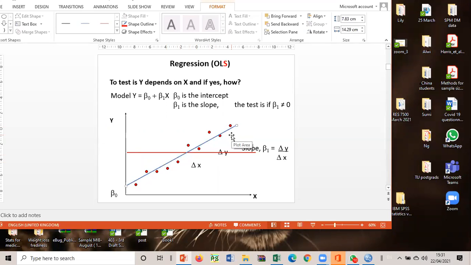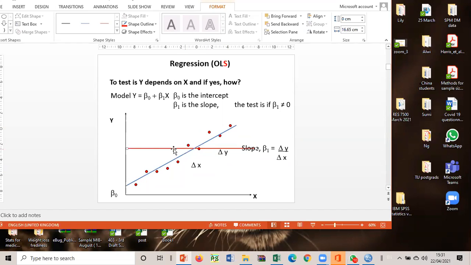Non-zero. Non-zero means what? Red is 0. Blue means as X increases, Y increases, right? Yes. Red means what? 0. As X increases, does Y increase?